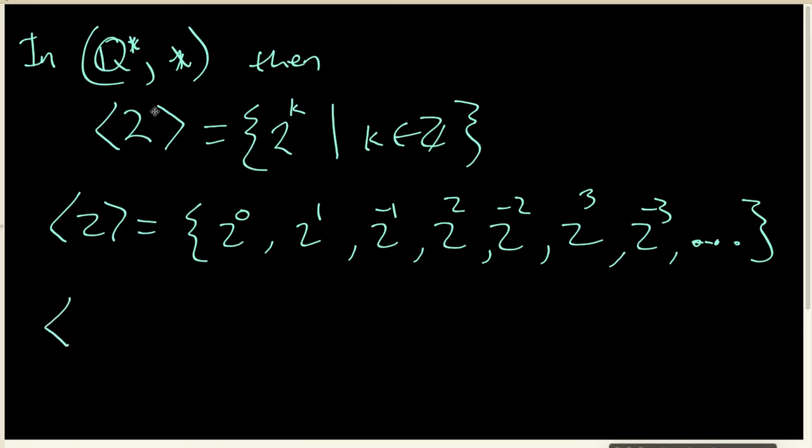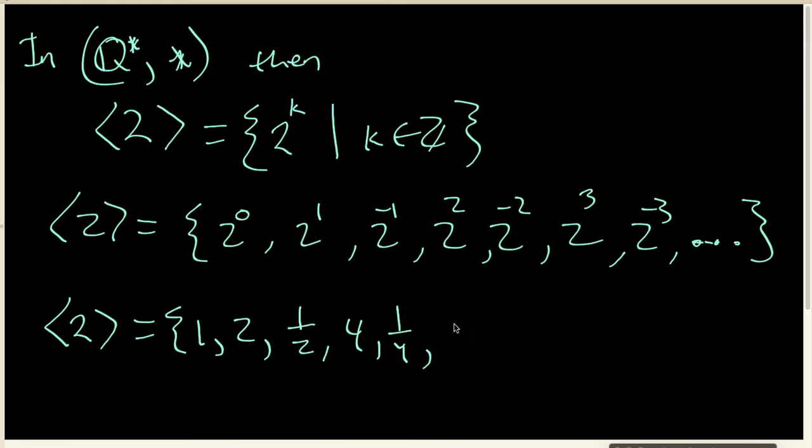So in the non-zero rational numbers under multiplication, this cyclic subset generated by 2 would be the set 1, 2, 1/2, 4, 1/4, 8, 1/8. The next ones would be 16 and 1/16, and so on. So that gives you one idea of how a cyclic subset might look.